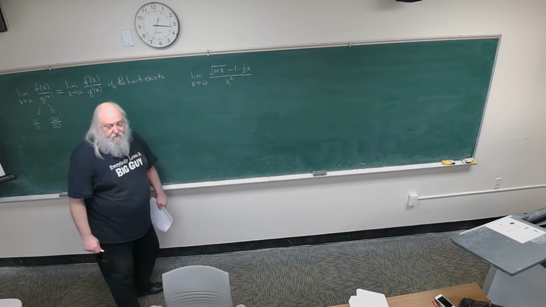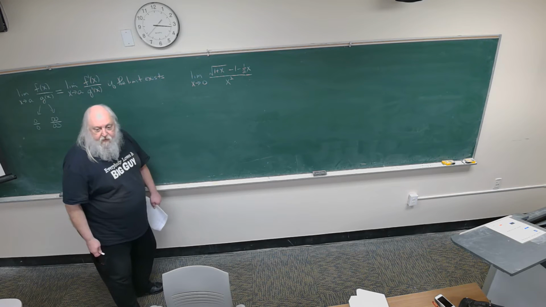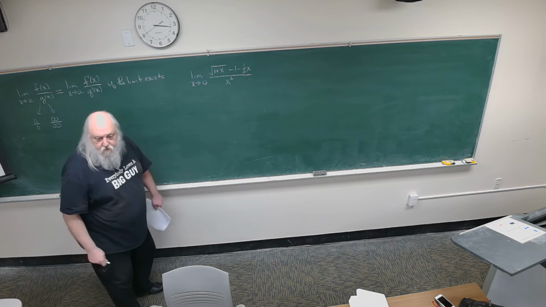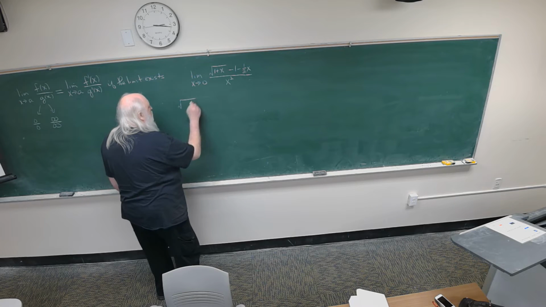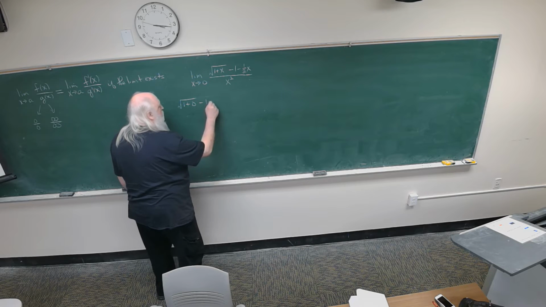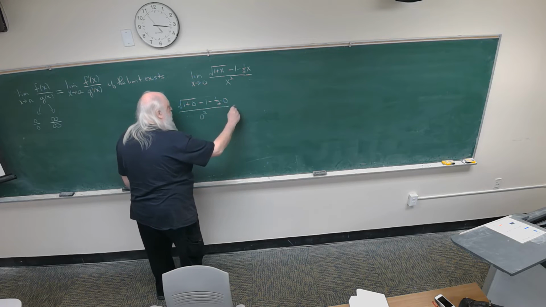Doesn't look like a lot of fun. But what's the first step in evaluating that limit? Direct substitution, right? So we put 0 in for x. We have square root of 1 plus 0 minus 1 minus 1/2 times 0 over 0 squared.